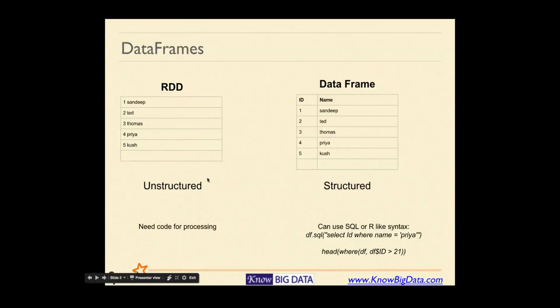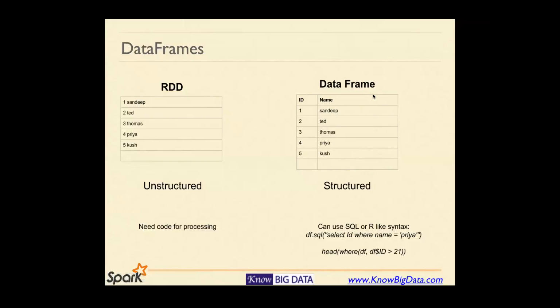It was unstructured data because each record was opaque to us. We needed code to process every record or convert it, and using this code we could convert it into structured data. That's where the data frame comes into play. A data frame is, underneath, an RDD where each record is like a row in a database table.